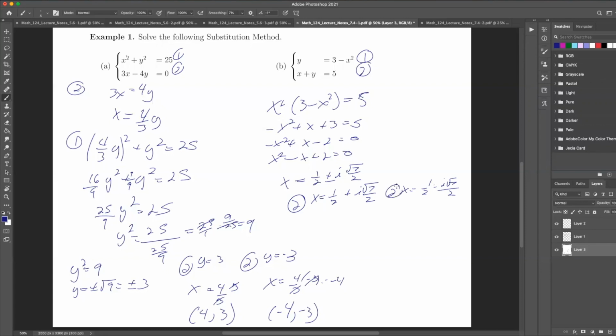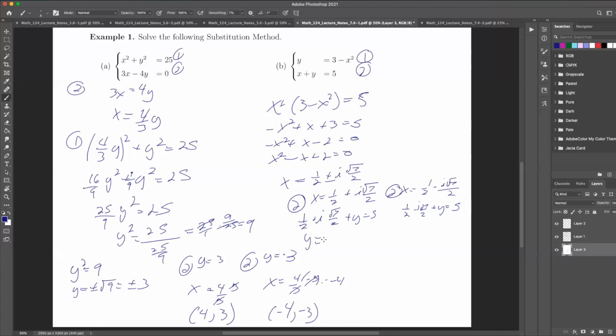So we're going to plug it back into equation 2 twice because it just goes in cleanly. So here I'll have 1/2 plus i square root 7 over 2 plus y equals 5. And then we'll have 1/2 minus i square root 7 over 2 plus y equals 5. So basically we just subtract this from both sides.